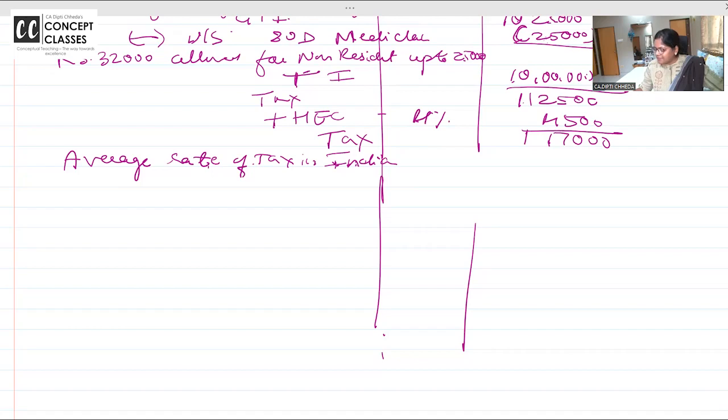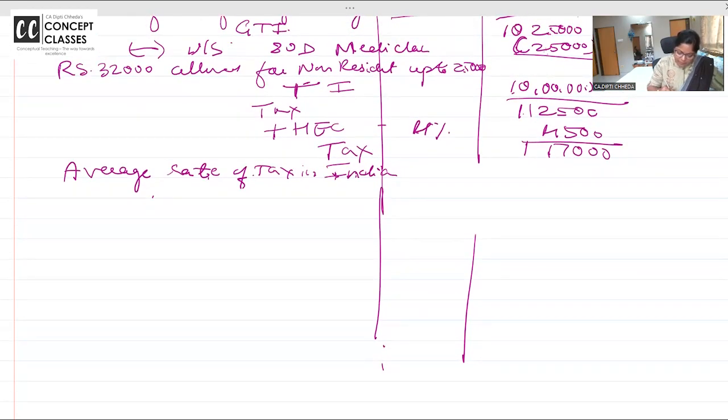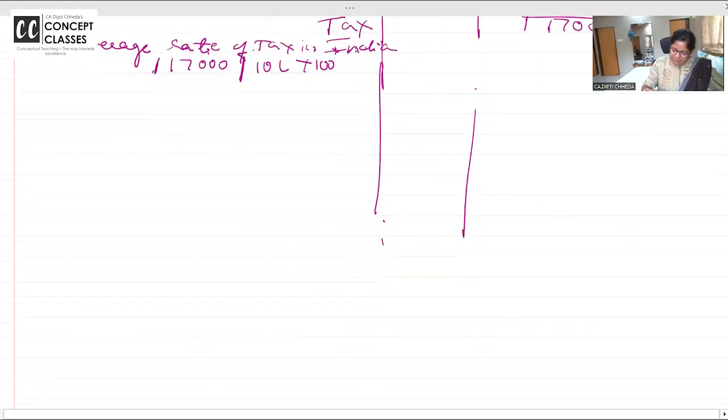What is the tax he is liable to pay in India? 1 lakh 17,000 along with cess and surcharge, dear students. So 1 lakh 17,000 is the tax on 10 lakhs into 100. How much? 11.7%.